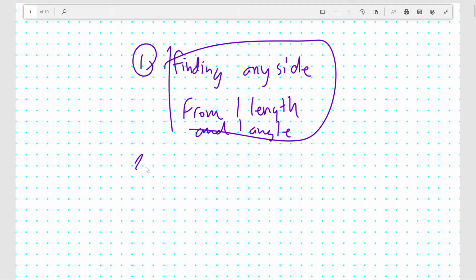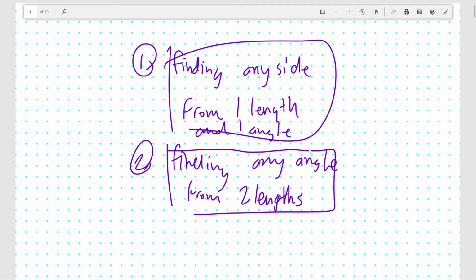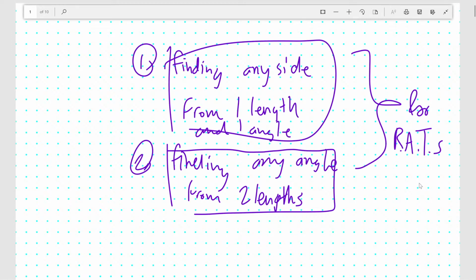And the second type of problem will be finding any angle from two lengths. And this is all when applied to a right-angled triangle, or RATs. I don't think anyone actually calls them that, but that's just something I came up with on the spot, so please forgive me.